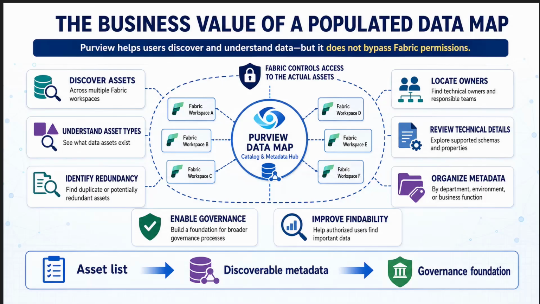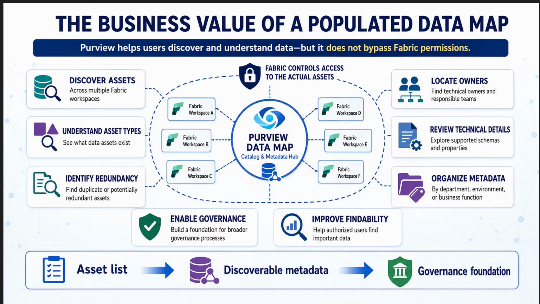So in our infographic here, we can see in the center that the Purview Data Map has a catalog and metadata hub that can connect to multiple Fabric workspaces. It can discover those assets, understand the asset types, identify redundancy, all on the Purview side.